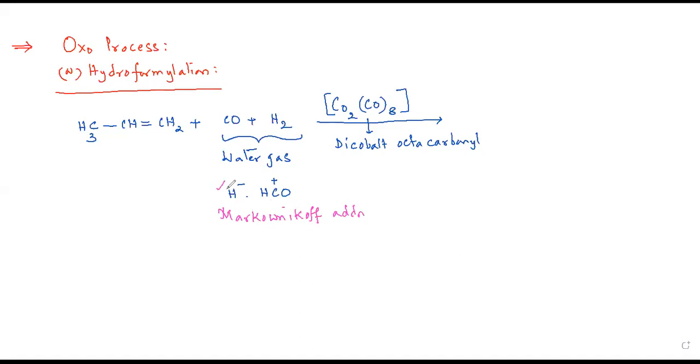Markovnikov addition of these two. We get CH3, CH, anyway, it will be like this, right? CH2 minus and then H plus. Add H minus.